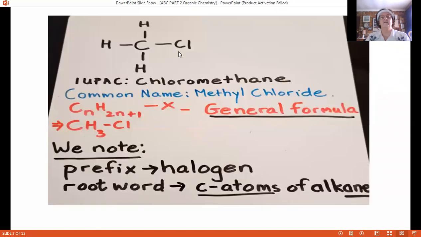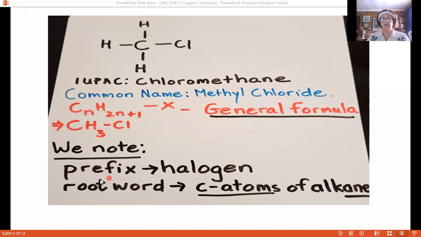Now, when we have one carbon atom, it is meth. The functional group is an alkane single bond, so it's ane, and the prefix being chloro. So it's chloromethane, common name methyl chloride. The general formula is CnH2n+1X, the X being the halogen.